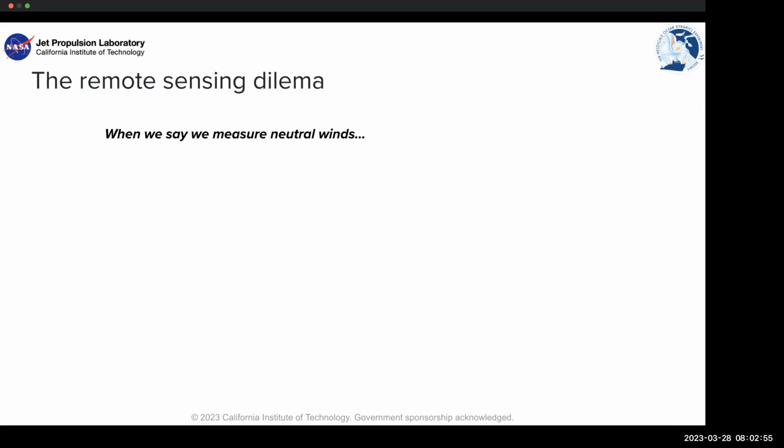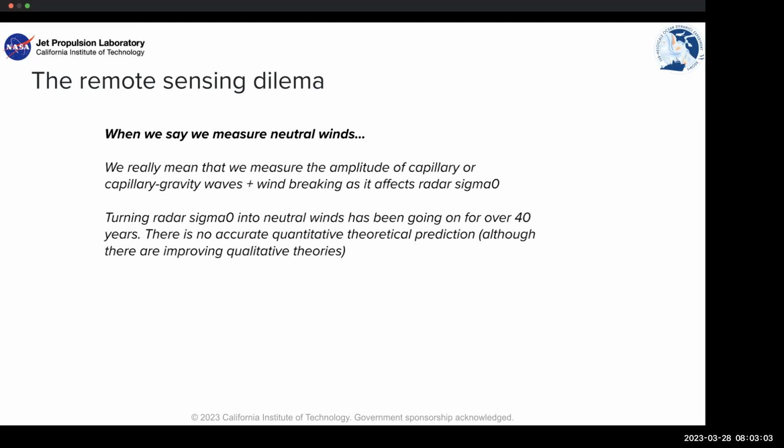Similarly, scatterometry has been around forever, and we say that we measure neutral winds, but what we really mean is that we measure the amplitude of capillary and capillary gravity waves plus wind breaking as it affects the radar backscatter cross-section. And turning the radar backscatter cross-section into neutral winds has been going on also for about 40 years.